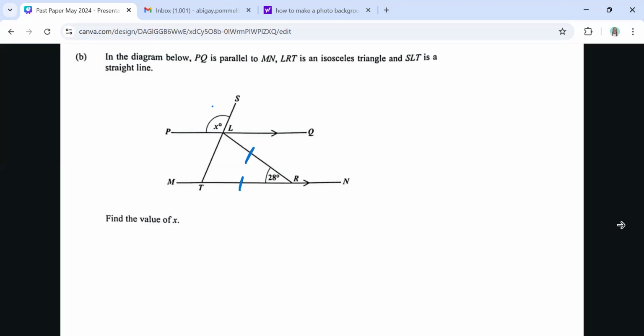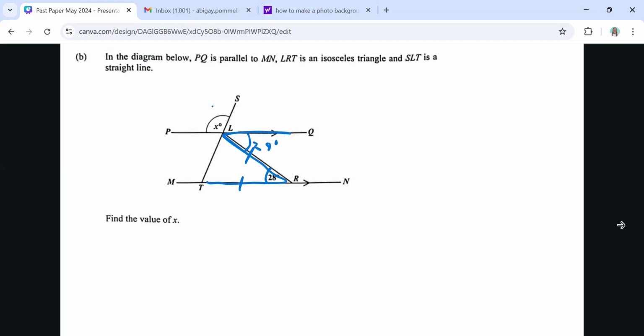So those sides are equal, and they said P, Q, and M, N are parallel. And then when they say parallel lines, we can do the alternate angles or the Z part right here that says that when right here will equal to over here. So that means this side will equal to 28.